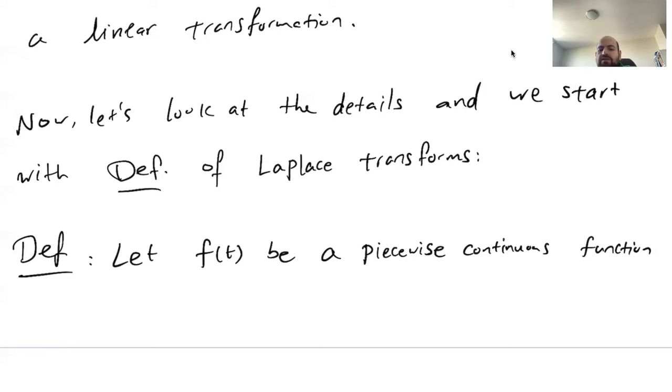In other words, if there are n intervals, let's say I1 to In, where the function is continuous on each of them.